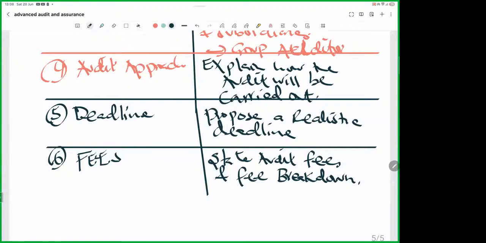For example, I would want us to receive, say, 1 million Kenyan shillings for the entire audit fees, but these are the milestones. Upon these milestones being hit, you should give me 10% to enable me to get started, another 20% when I reach this level. You must give us that fees breakdown.